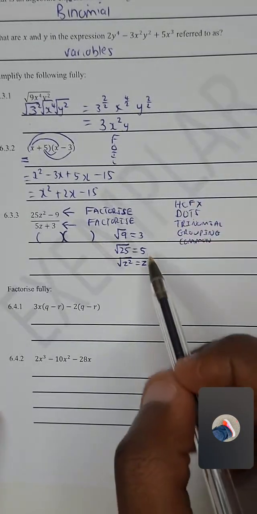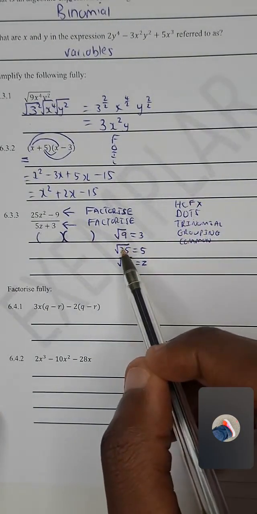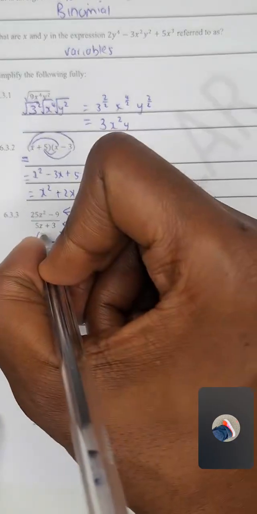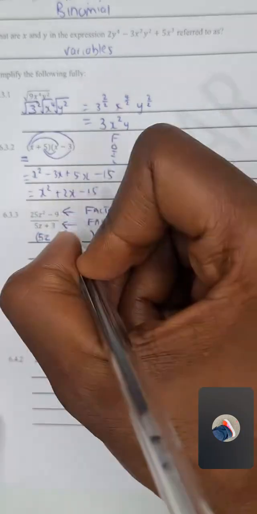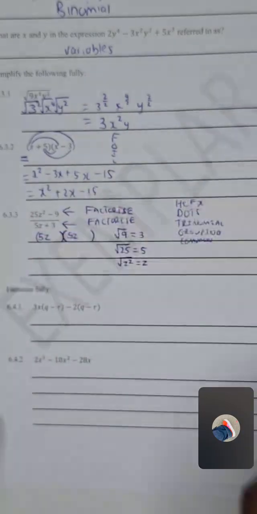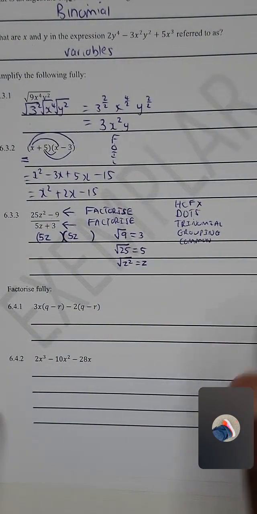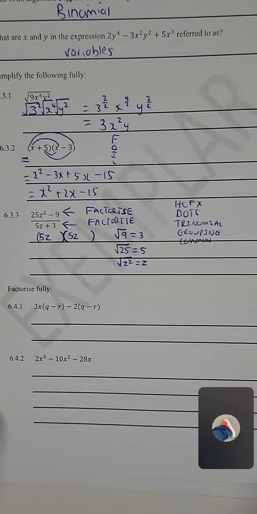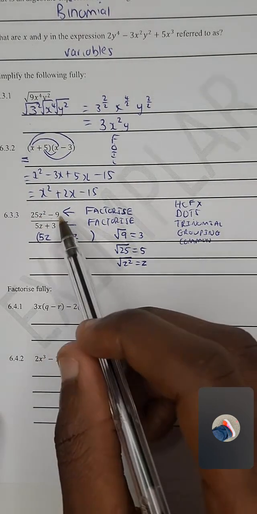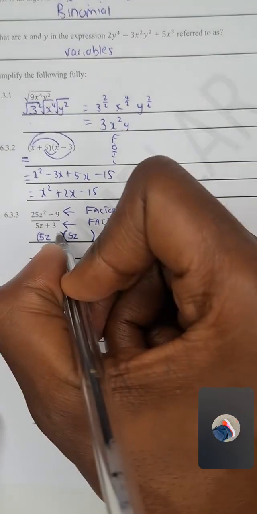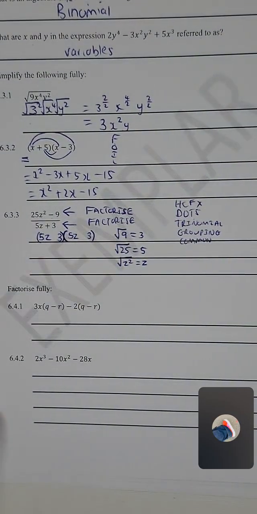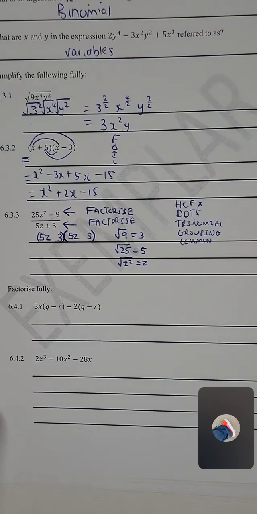So the 5, the square root of 25, and the z, the square root of z squared, will be your first term in each bracket. Why? Because 5z times 5z gives you 25z squared. The square root of 9 is 3, so you're going to write 3 and 3 for your last term in each bracket.